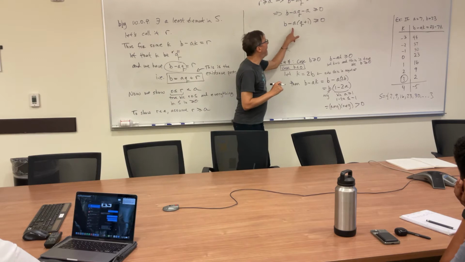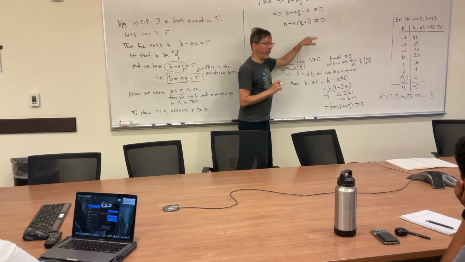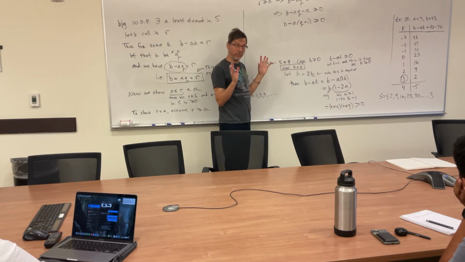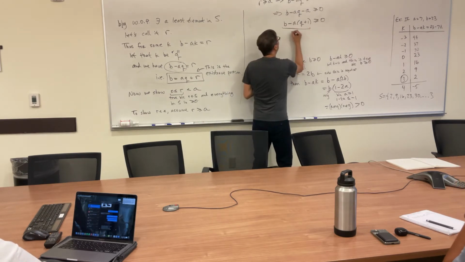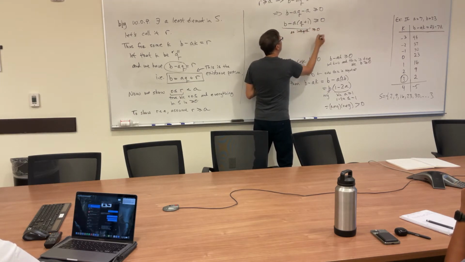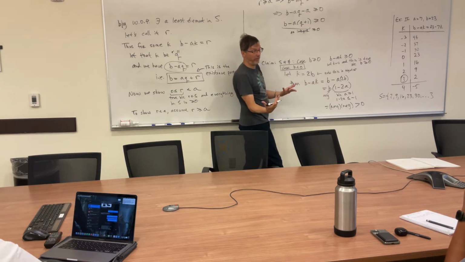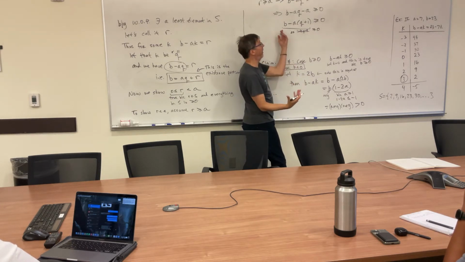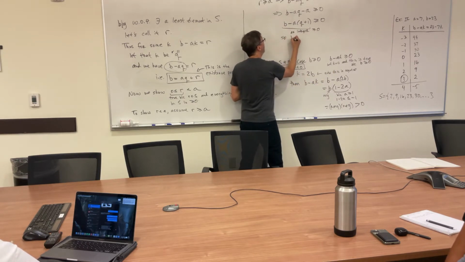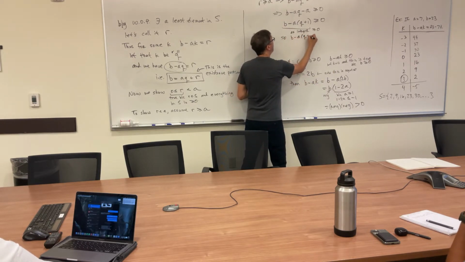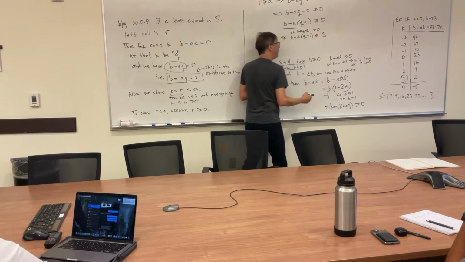I've got B minus A times an integer is greater than or equal to 0. Do we agree that this is an integer because Q is? So this is an integer, and it is non-negative, so it must be in S, because that's what S looks like. It's all the stuff B minus A times an integer that's non-negative. So B minus A(Q plus 1) is in S by definition of S.